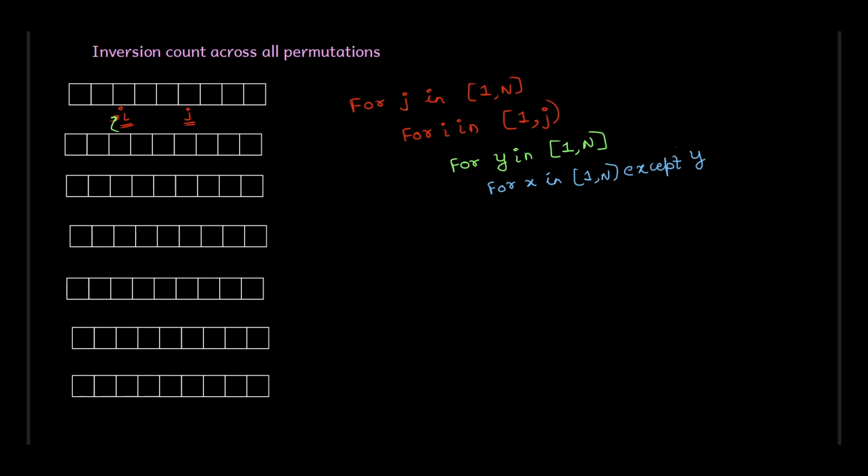This i and j that you have just fixed will have x and y as their values in (n-2)! permutations, and then you add 1 if a of x is greater than a of y. Otherwise you add nothing, because fixing the pair the other way around will not contribute to any inversion. So the time complexity of this algorithm is O(n^4).